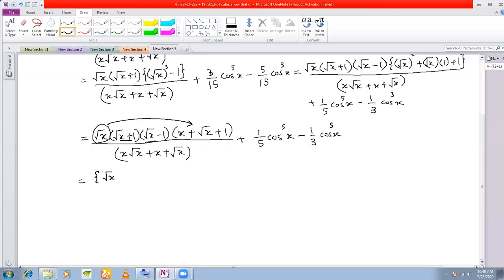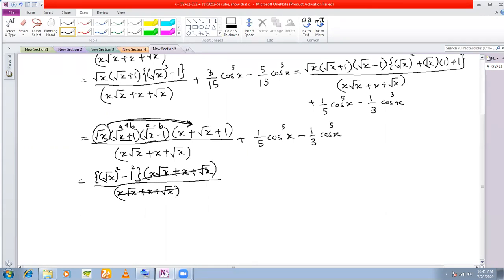root x square a square minus b square, isn't it? This is a plus b into a minus b, so which becomes a square minus b square. And if you multiply root x with this, what do you get? x root x plus root x into x is x plus root x, divided by x root x plus x plus root x. So what happens?